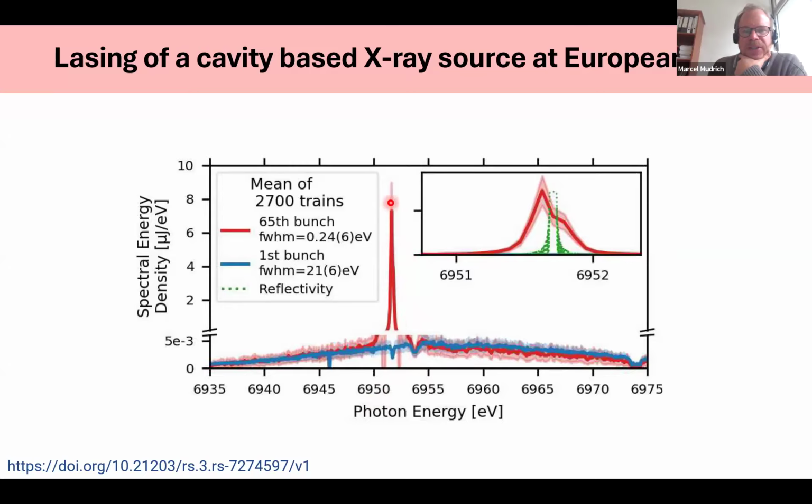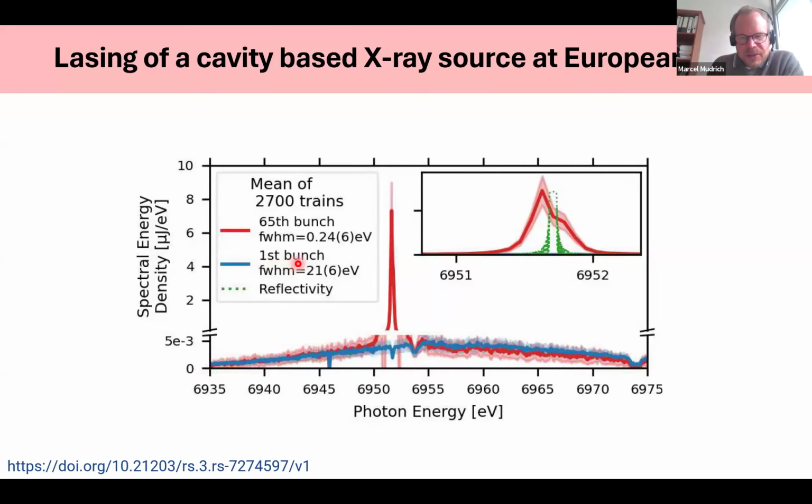And of course, this sharp spectrum builds up only when it operates as a real laser, meaning that the X-ray pulses have to bounce back and forth many times. So this can be followed in time. After the first bunch, the first amplification, there is no real lasing yet, because it's essentially a SASE operation, which produces a very broad spectrum, and no feedback yet, because it's only the first bunch.